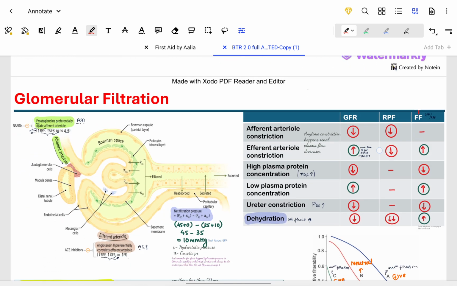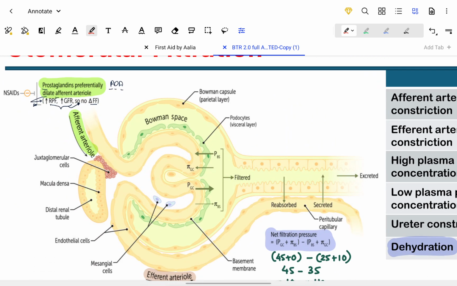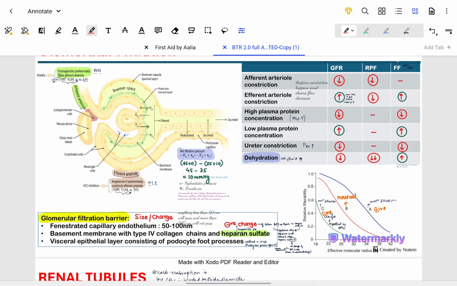Now moving on to GFR. The glomerular filtration barrier is due to two things: size and charge. Anything less than 50 nanometers will pass, and anything more than 100 nanometers will not pass. So the range is 50 to 100.